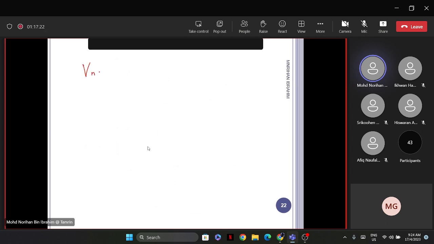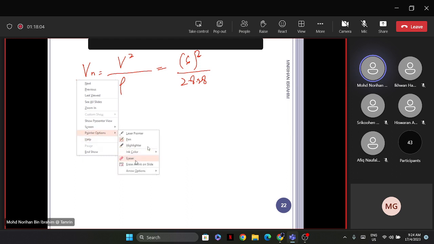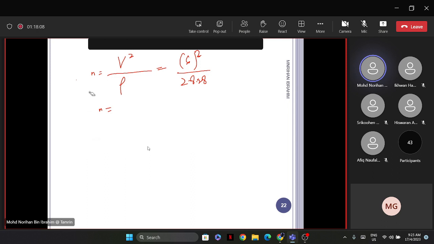Sorry, AN is equal to V square divided by rho, which is 6 to the power of 2 divided by 28.28.